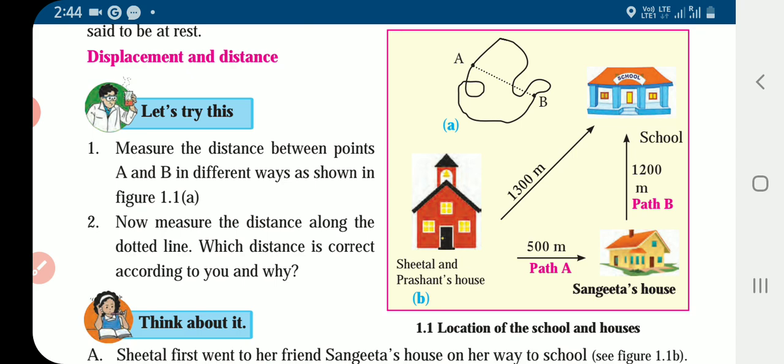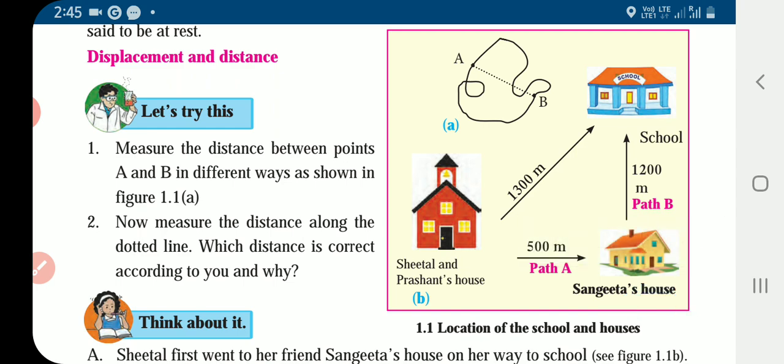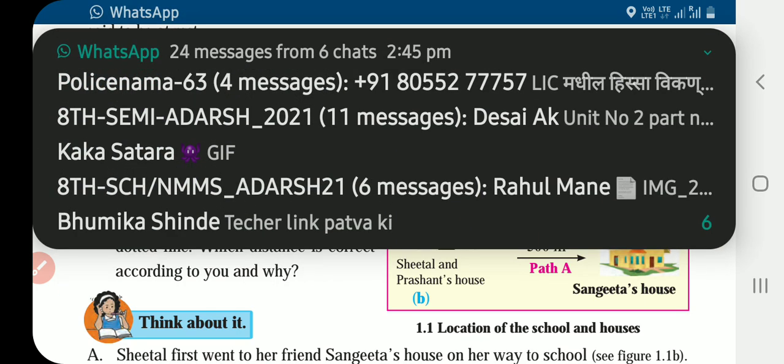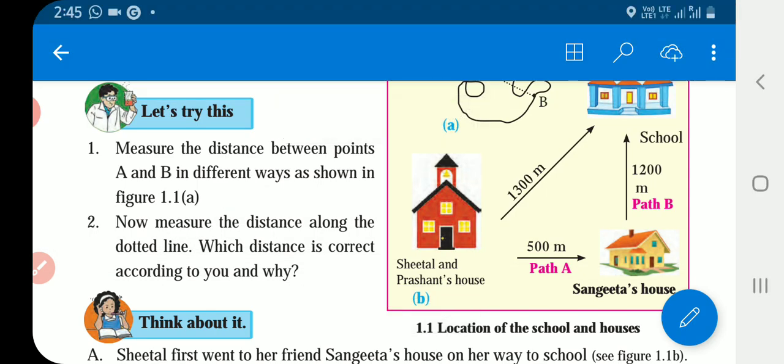If the two persons, Sheetal and Prashant, went to Sangeeta's house, they calculated 500 meter distance. From point B they went to school, also they calculated 1200 meter distance. But the total displacement is 1300 meter.